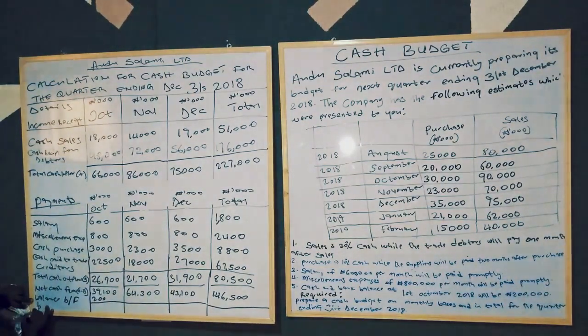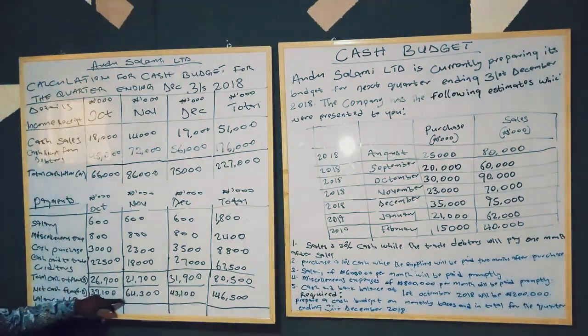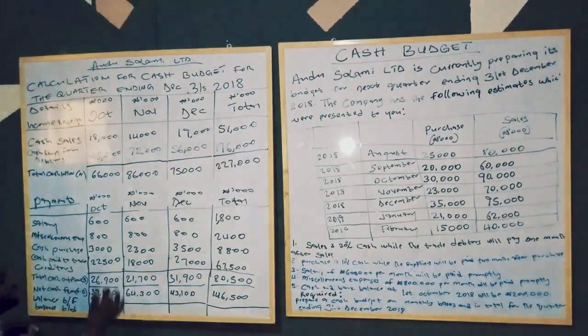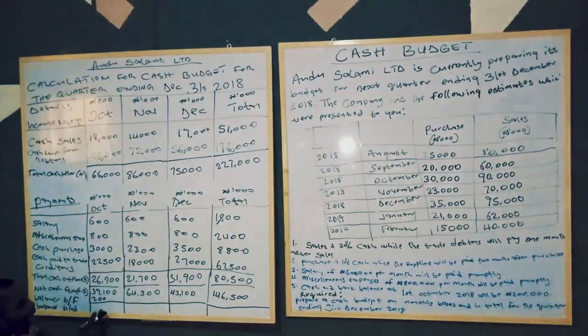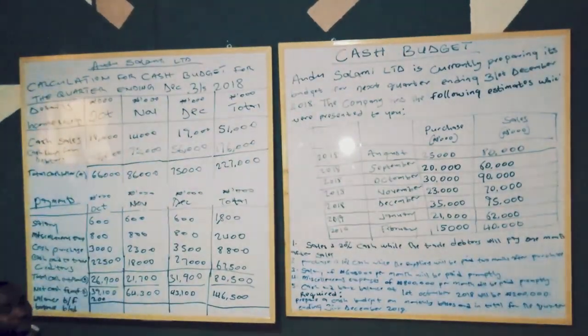Then here will be balance brought down. That is what I mean by this column: the amount that is under this is the balance brought forward, that is the money they started with. Then here will now be our balance brought down, the money that they end the month with.